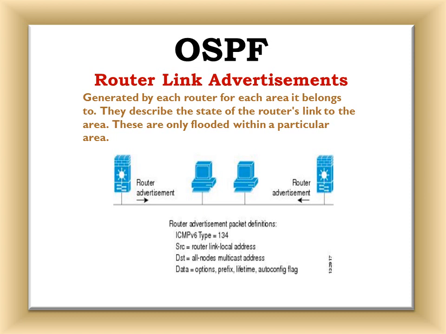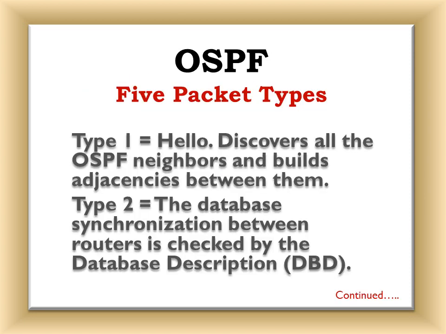Both are trying to send router advertisements, and in the middle are two computers. The router advertisement packet definitions are listed there as far as the source, the router link local address, all nodes multicast address, and options: prefix, lifetime, and auto configure.